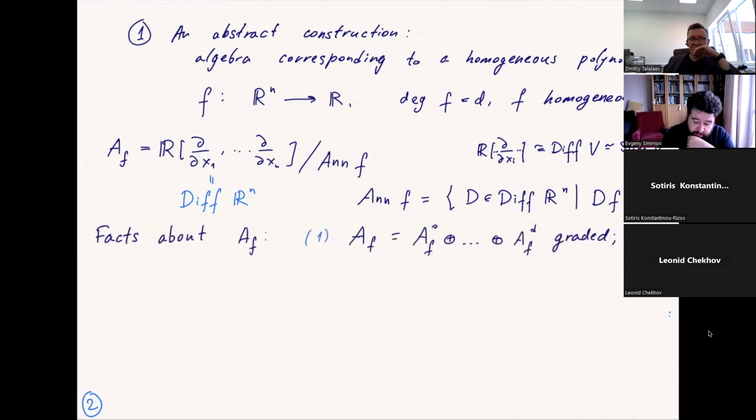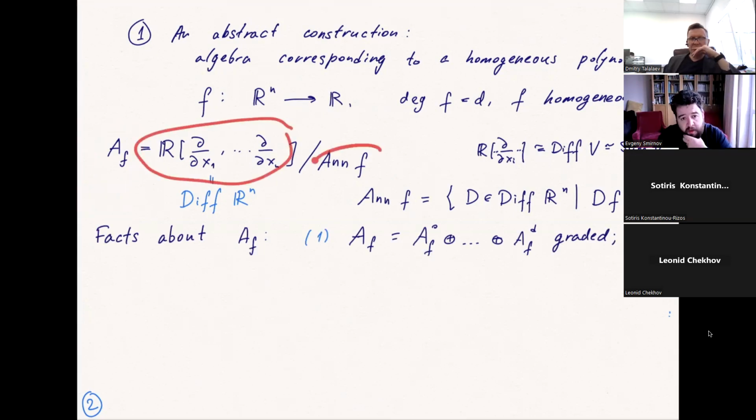And this is an ideal of finite codimension. So the quotient of this ring over the annihilator is, for a polynomial, a finite dimensional vector space. Why is it so?